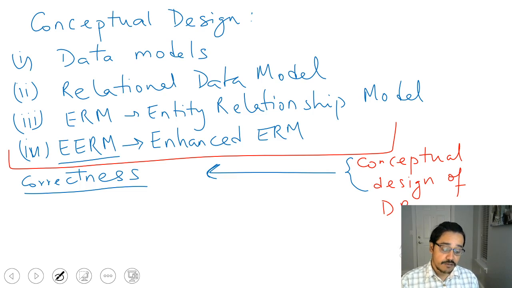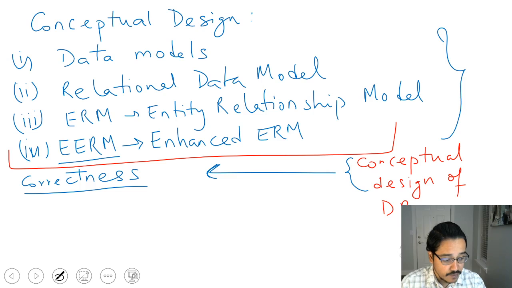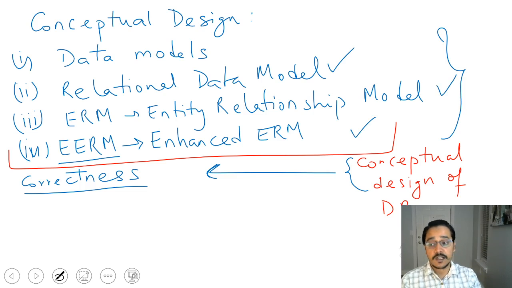So that is what we have to make sure here, that once using all of these topics, once we have come up with a conceptual design, we need to make sure that the design that we have generated by using the relational data model, the entity relationship model, and the enhanced entity relationship model is as robust as possible, and that there is no further scope of improvement in the design.